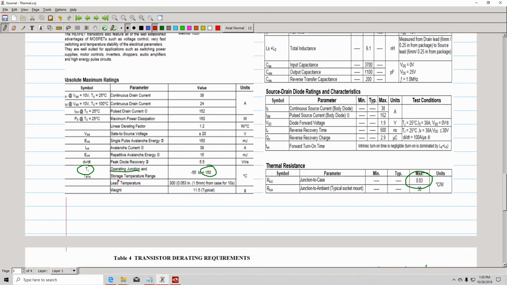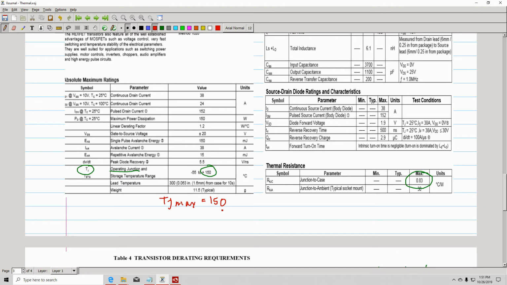In this case, it's going to tell you the range, so you can work anywhere from -55 all the way to 150 degrees Celsius. So this is your TJ max that this device is rated for.